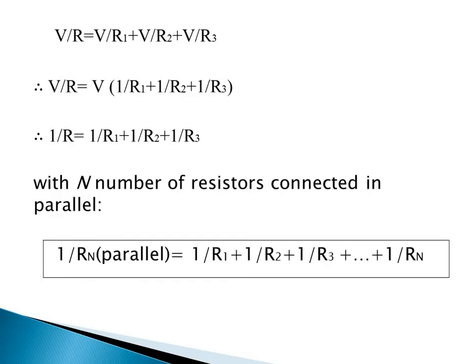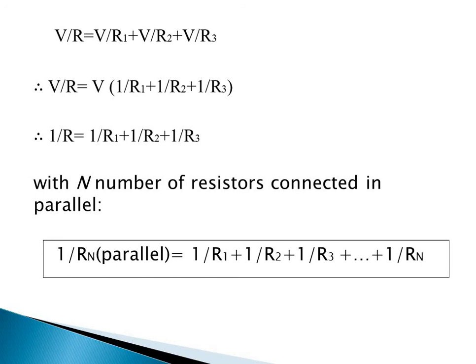Now we substitute the values of individual currents in equation number 2, which gives V upon R is equal to V upon R1 plus V upon R2 plus V upon R3. Therefore, 1 upon R is equal to 1 upon R1 plus 1 upon R2 plus 1 upon R3.